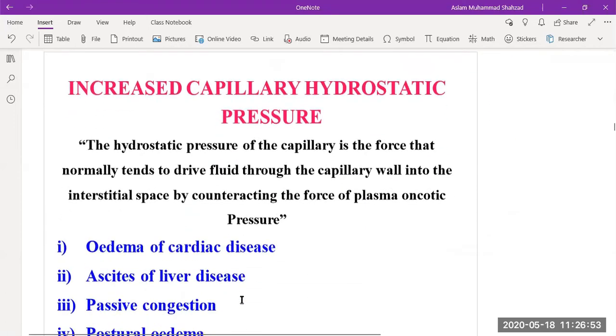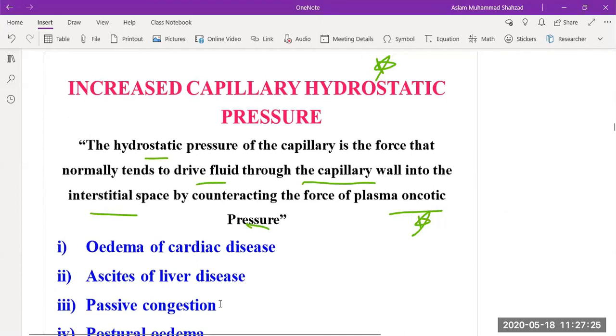Then there will be increased capillary hydrostatic pressure, and hydrostatic pressure is the force that normally tends to drive the fluid through the capillary walls into the interstitial space by counteracting the force of plasma oncotic pressure. So we have to understand that there are two pressures. One is plasma oncotic pressure, and the second is hydrostatic pressure, and they work in a balanced way to maintain normal physiological functions.